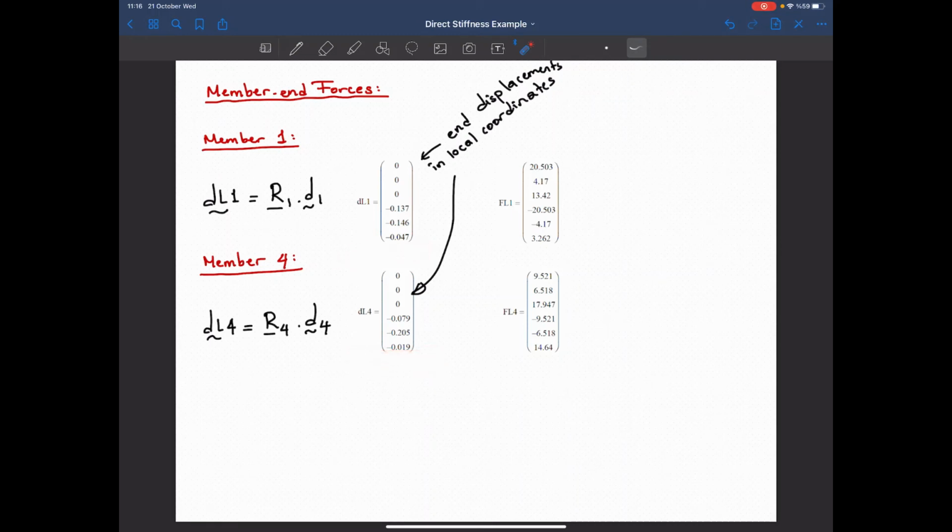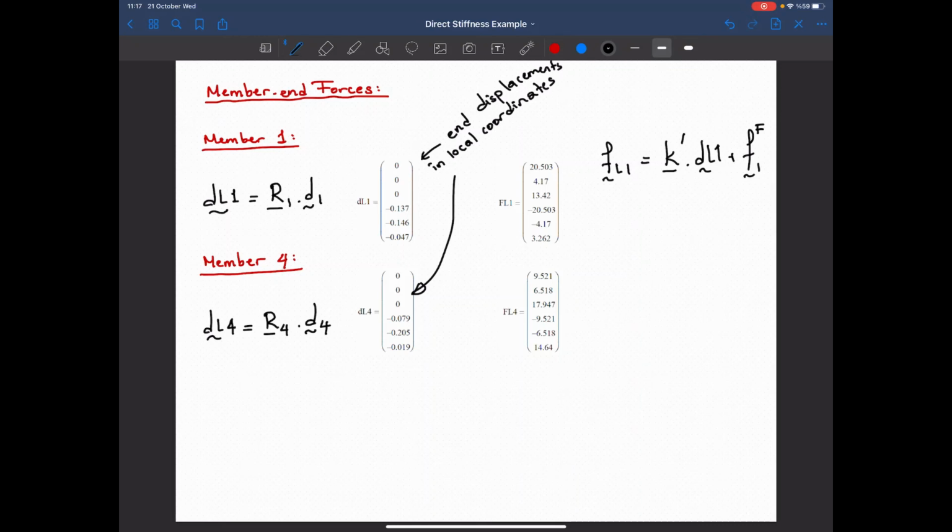Okay, now I have the displacements in the local directions. How can I calculate the member end forces in the local directions? Then FL1 is equal to K defined in the local directions multiplied by the displacements in local, plus if I have any member end forces, I have to add them.